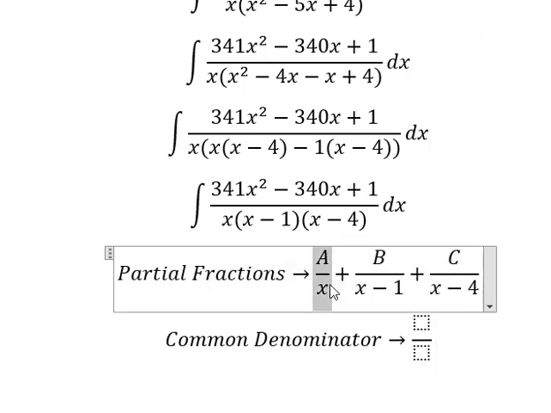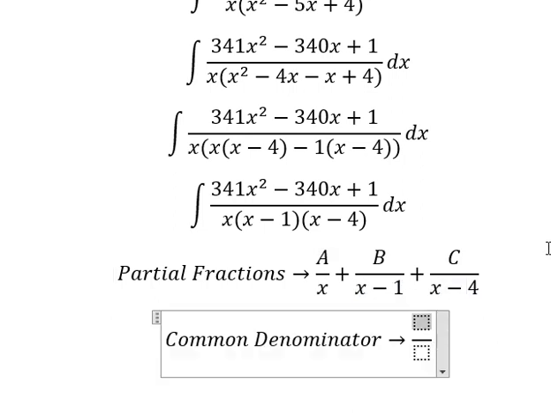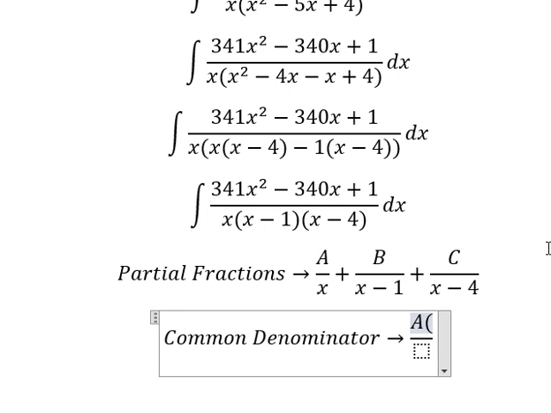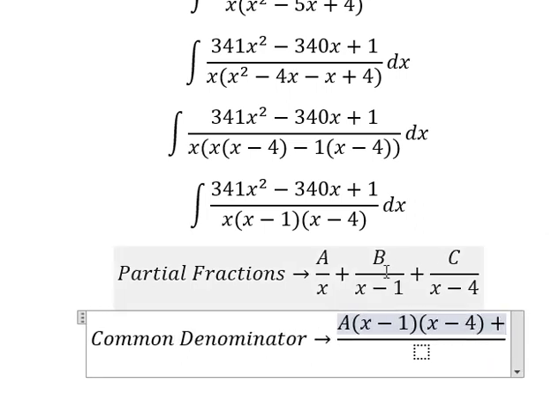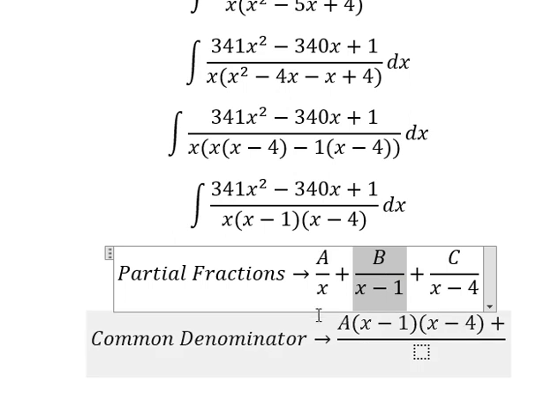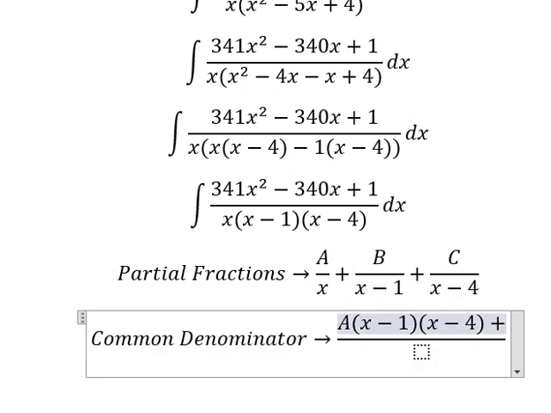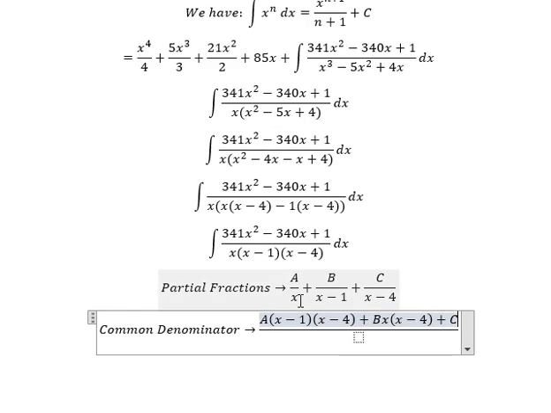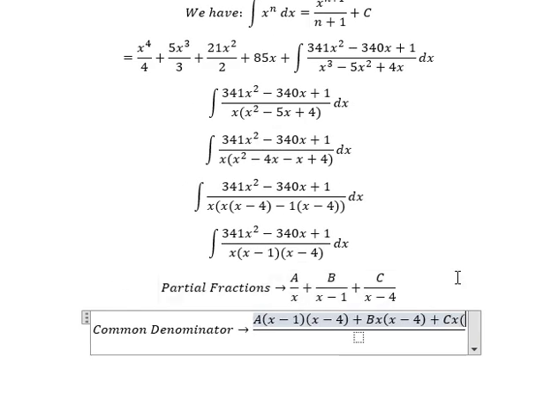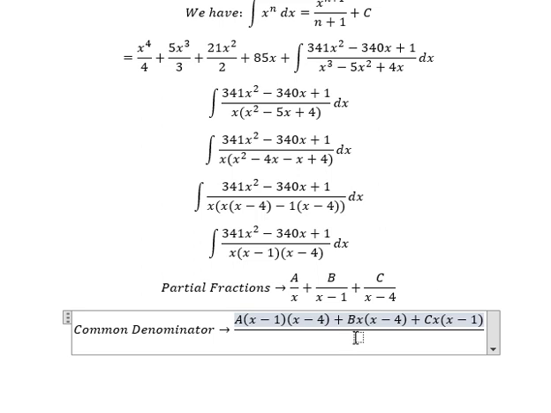About this one, it is missing s minus number 1, s minus number 4. So capital A multiplied by s minus number 1, s minus number 4. About this one, it is missing s and s minus number 4. This one, it is missing s and s minus number 1.